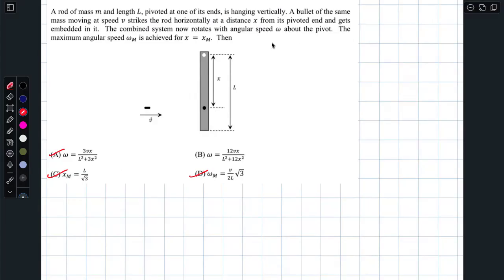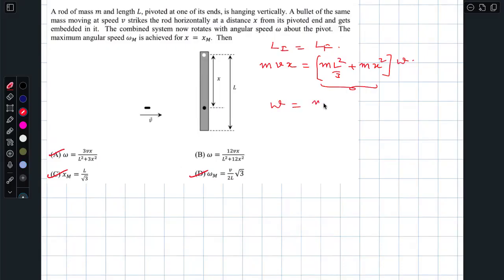And you said embedded into the rod, actually. Therefore, angular momentum initial is angular momentum final, which you can write as mvx initially, equal to rod of mass ml square by 3 plus mx square, the moment of inertia of the system finally, into omega.